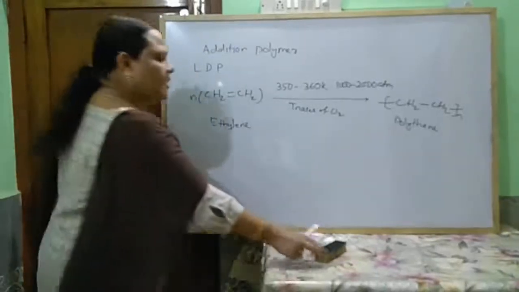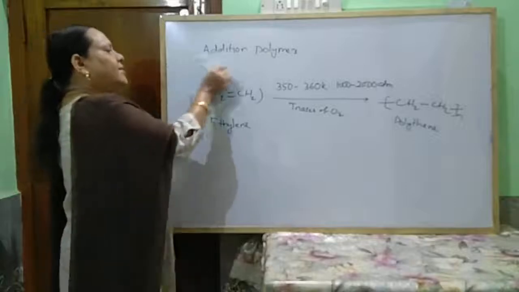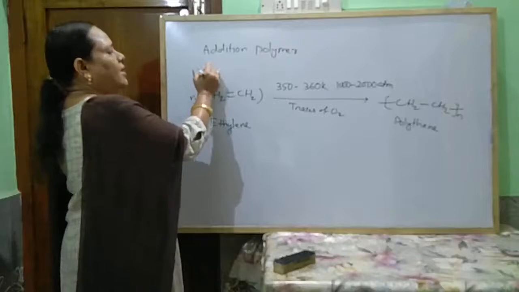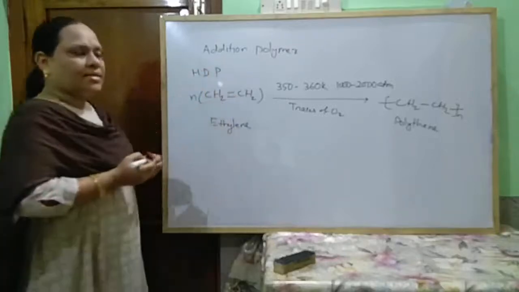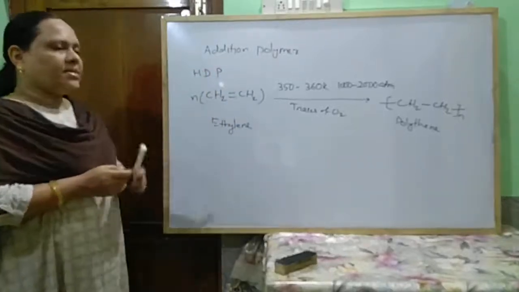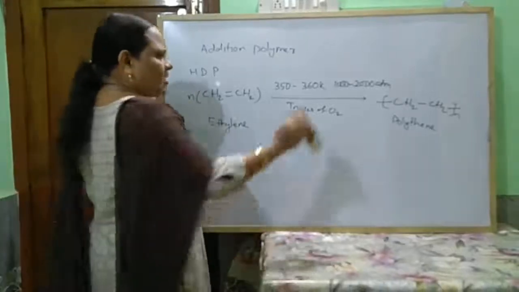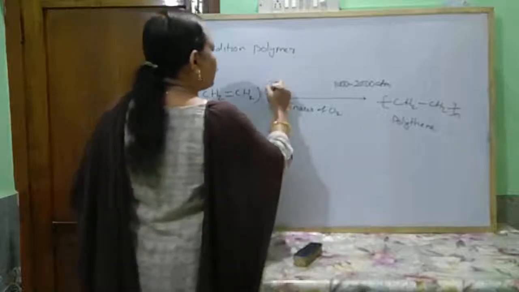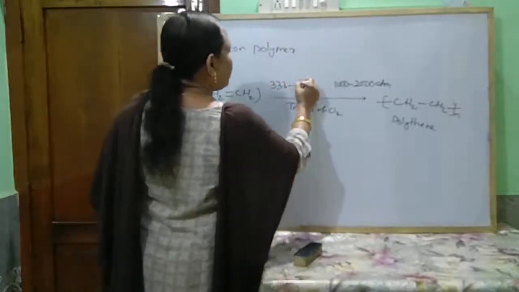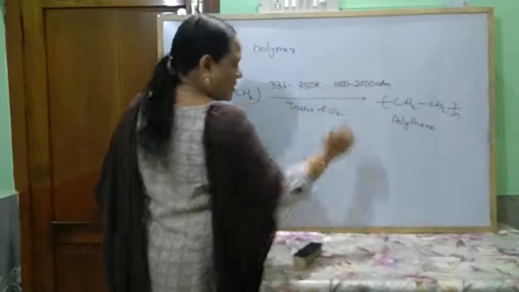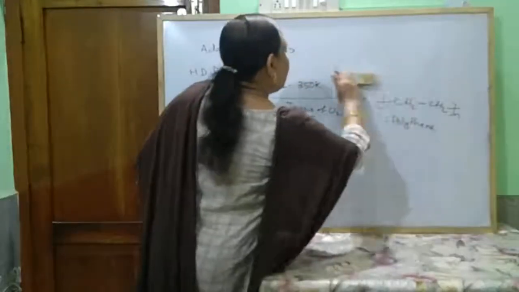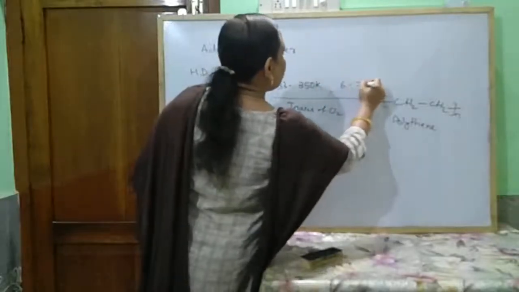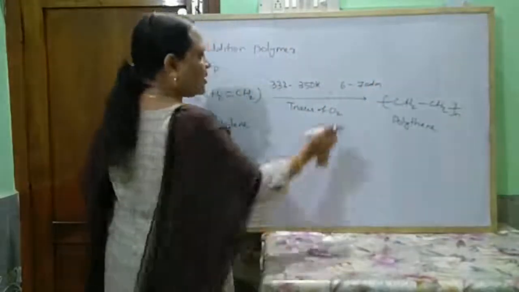Next, high density polythene. High density polythene is also formed from ethylene, but the temperature is slightly lower, about 333 to 350 Kelvin, and the pressure is 6 to 7 atmospheres.